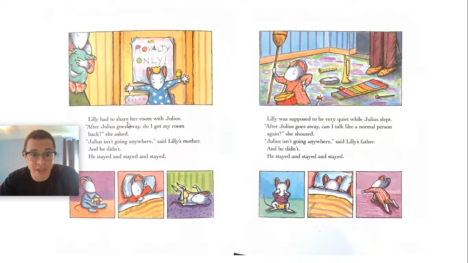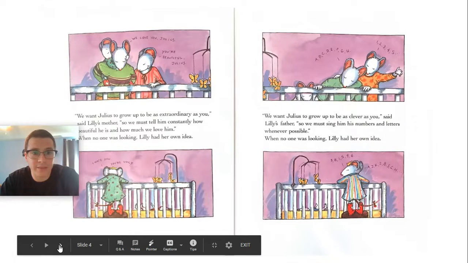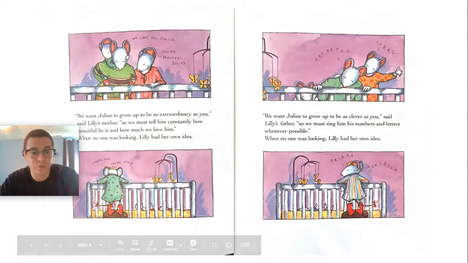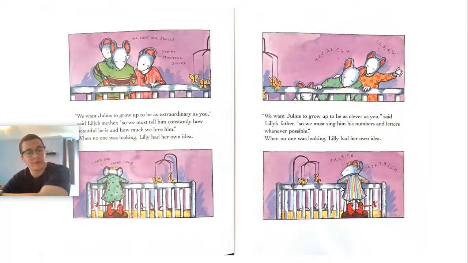So it doesn't sound like she's excited anymore. She has to share her room with Julius. She has to be quiet while he's sleeping. And she doesn't like to do that. She likes things done her own way. She says that she hates him and that he's ugly, and she tries to teach him the wrong way to count and say the alphabet.